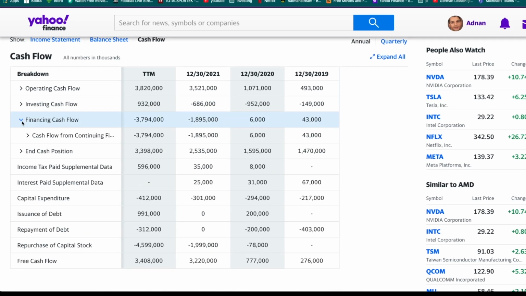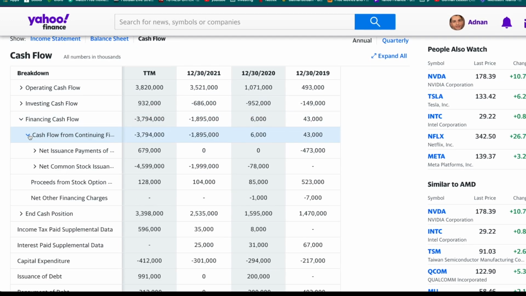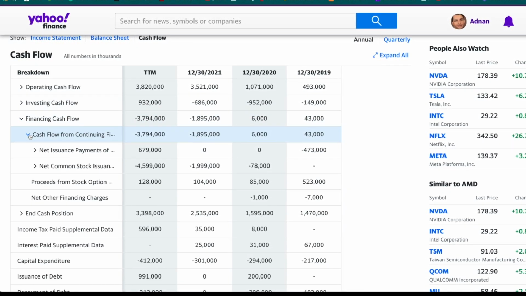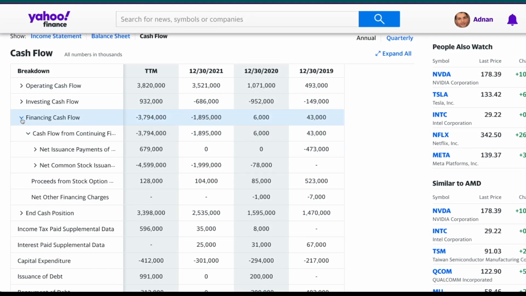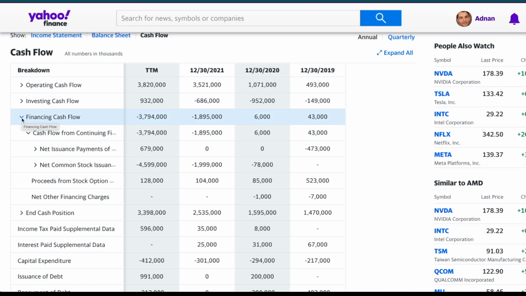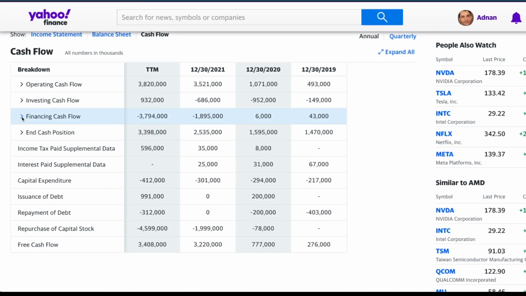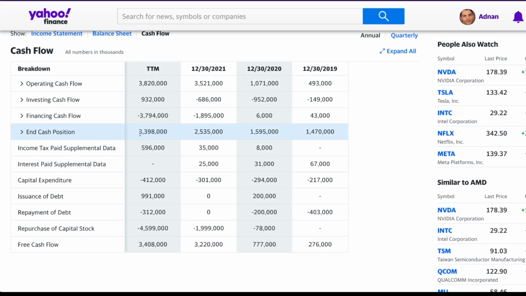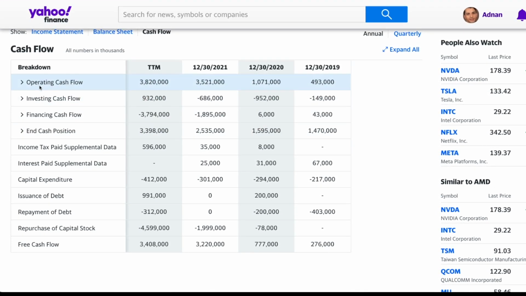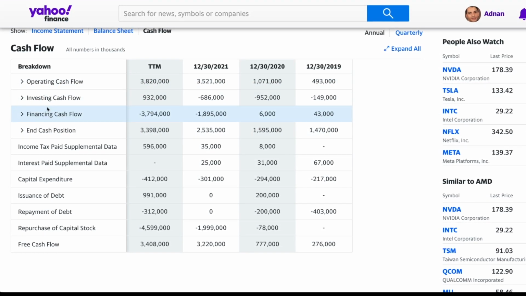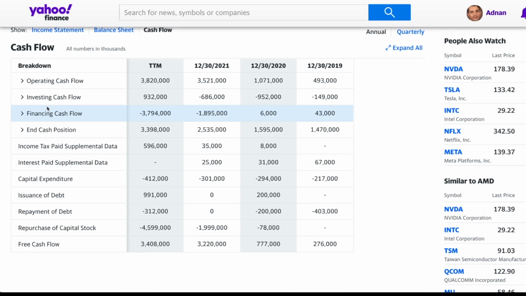Third is the financing cash flow, which tells you how much the company has paid of its previous debt or how much debt they have raised this year to generate more operating cash flow. And at the end, we have the end cash position, which takes into consideration all 3 cash flows from operating, investing, and financing. This is the overview summary.